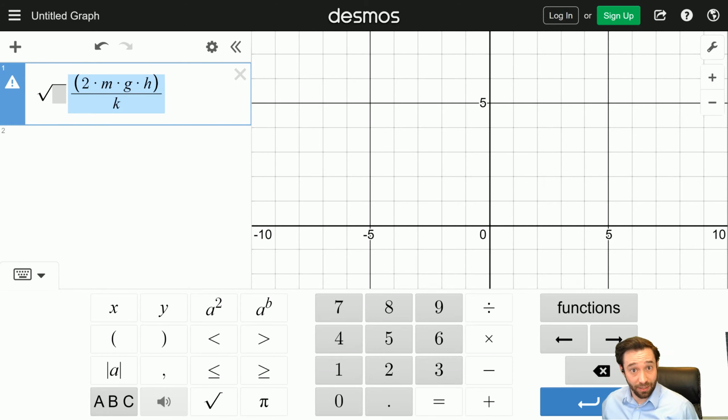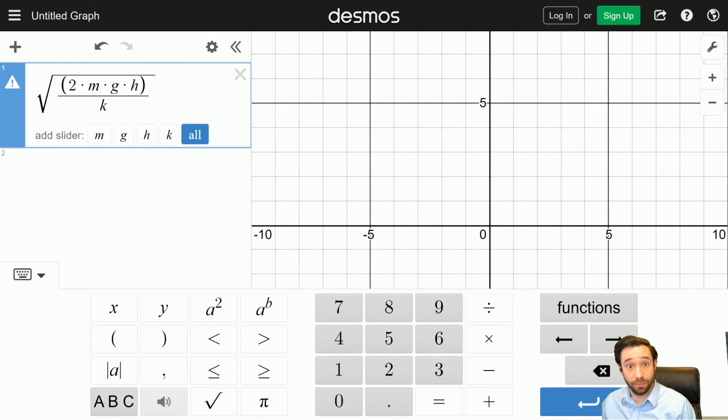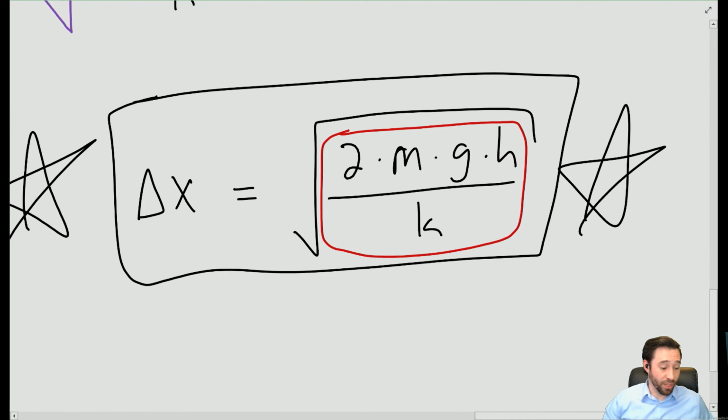So the hotkey for cutting is holding down the control button and then the letter X. You just tap X and that's going to cut. And then inside the radical, you're going to hit control and then tap the V as in Victor. And that's going to paste it. So this should now look identical to the equation that we have.